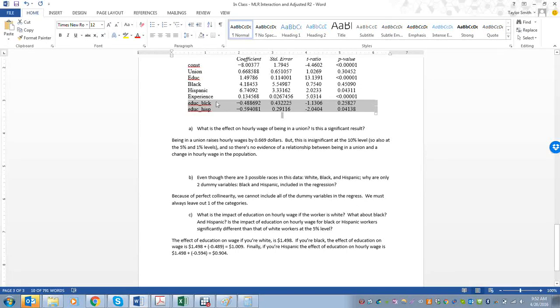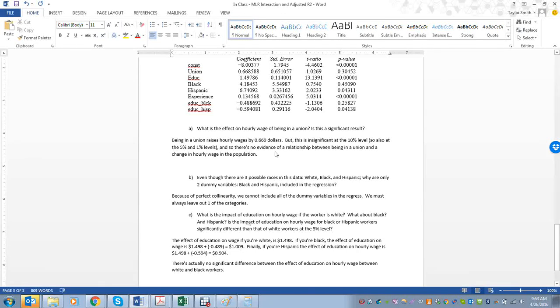And so if we look at the difference here between black and white workers, that p-value is actually 0.25, so that's insignificant. So what we could say is that there's actually no significant difference between the effect of education on hourly wage between white and black workers.